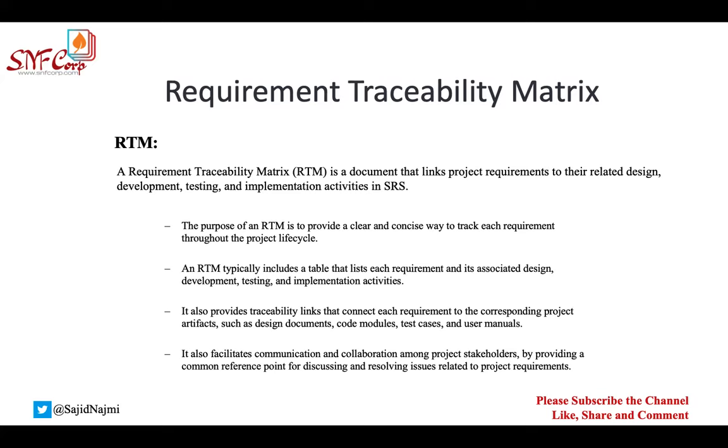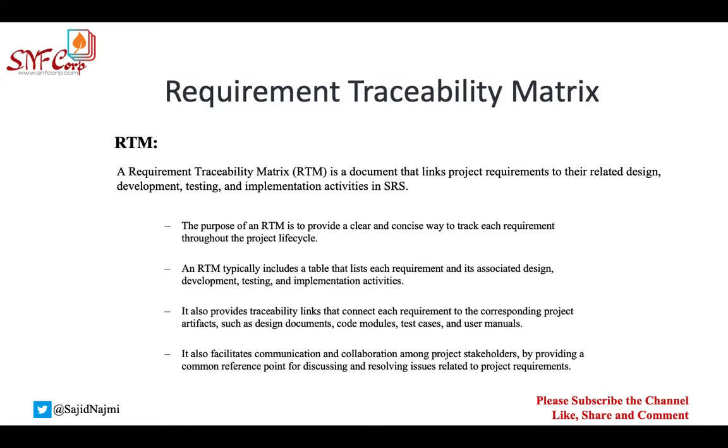An RTM typically includes a table that lists each requirement and its associated design, development, testing, and implementation activities. It means in your RTM, in your Excel, this will be tabular data. You will have the RTM number, the requirement description, the requirement number, and you also want to write what the source of the requirement is.